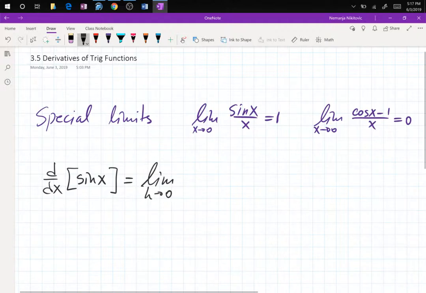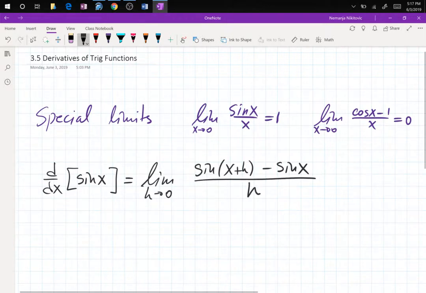So I will have sine of x plus h minus sine x divided by h. So this is what we are supposed to compute.